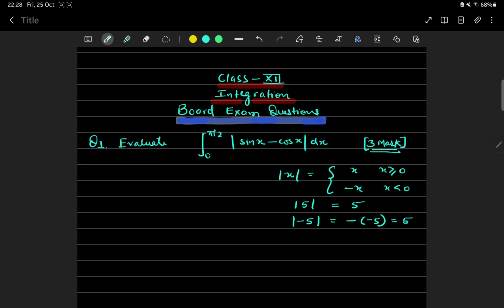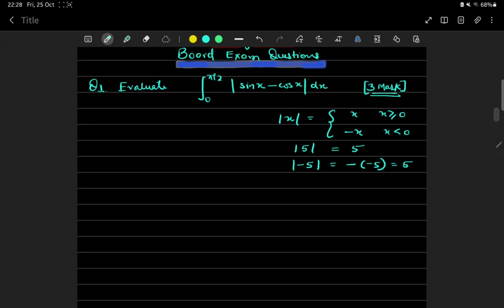So here in this question, we have to check the values from 0 to pi by 4. For example, if I draw the table of sin x and cos x, taking 0 degree, 30 degree, 45 degree, 60 degree and 90 degree.